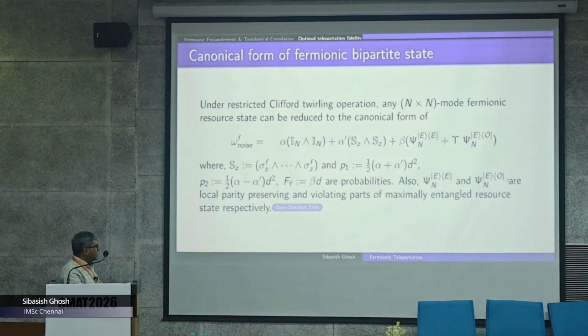Okay. Right. So this part is the local parity preserving state, and this part is the parity violating state. So any n cross n fermionic state can be written in this form by using this local twirling operation, which is locally PSSR preserving, respecting.